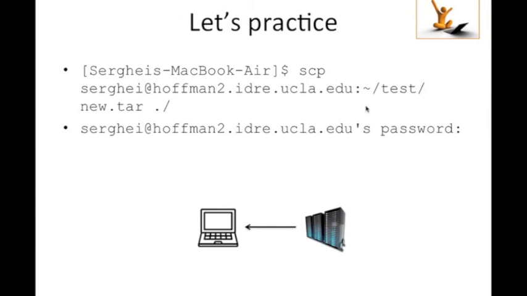Then we say the path where the file is located. So here I can use the shortcuts, right? Since I know that's my account, that's my home directory. So I can use the tilde for my home directory, say test, and the file. If you don't want, you can provide the absolute path. That's fine as well. And then you just say /, which stands to copy the file to the current directory on your Mac laptop.